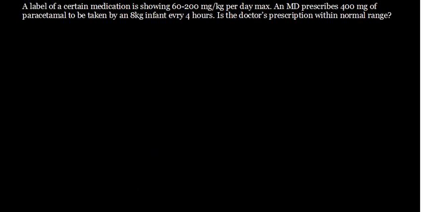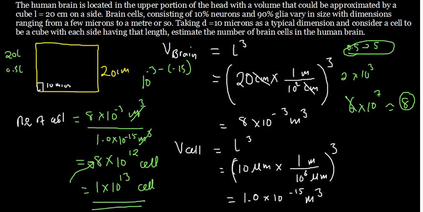Yes, Casey. I didn't understand the last part where you found 1 times 10 to the power 13. What I'm saying is you just show the order of magnitude, in what range the numbers are. If we write it like this, it means we've given the exact value. But obviously you can't say that the brain has an exact value of 8 trillion cells. That's why we are saying it is in an order of 10 trillion cells, in that range.